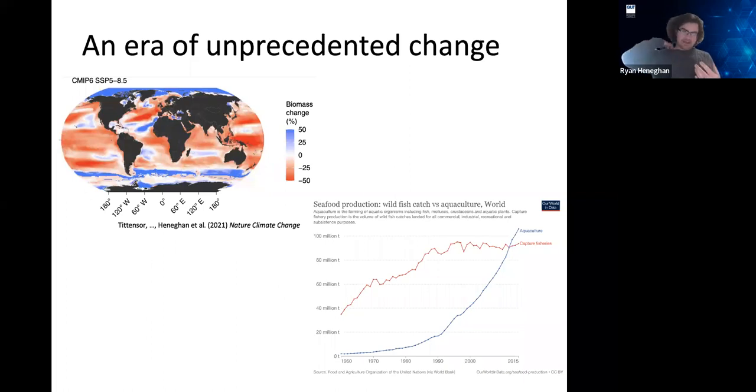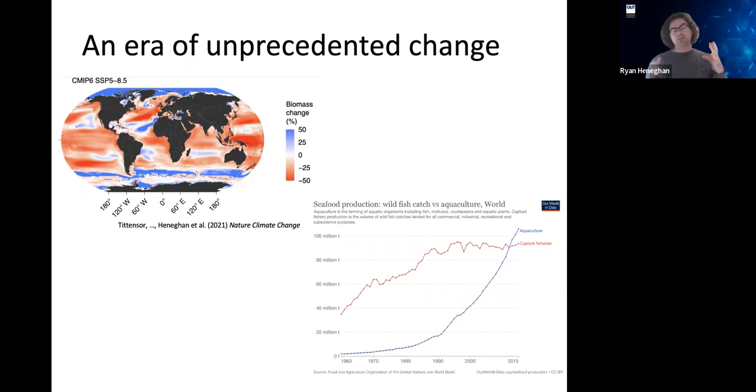So let's take a step back. We know that we're living in an era of unprecedented change. On the one hand, climate impacts are affecting marine ecosystems at the global scale, through things like warming waters, changing distributions of primary production, declining primary production, ocean acidification, and deoxygenation.